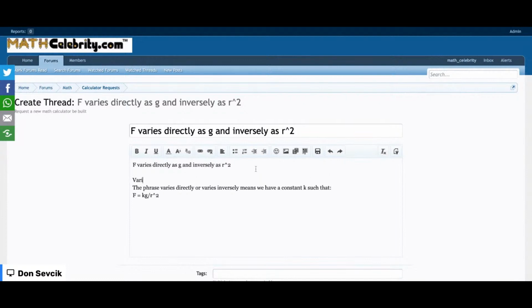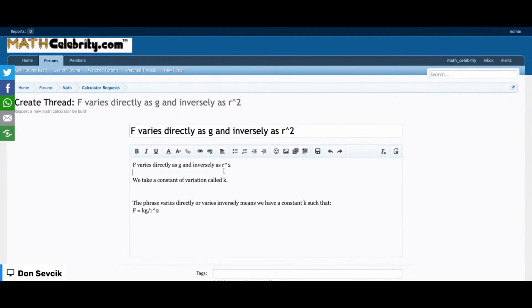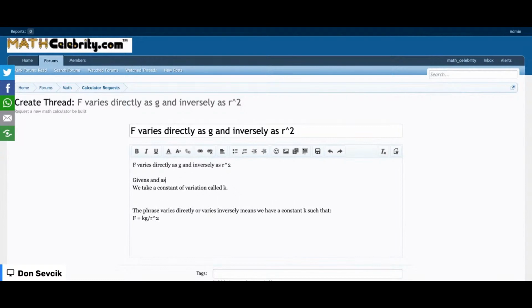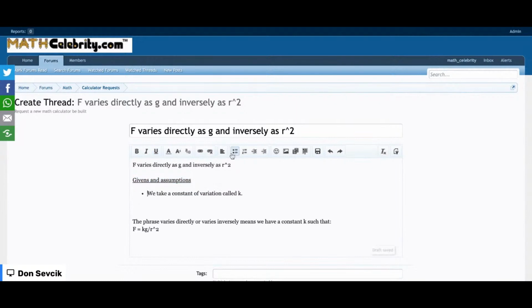First, I want to say varies directly. Actually, wait. We take a constant of variation called K. I had givens and assumptions there, but I realize some of you have not had this before. Start at the beginning.